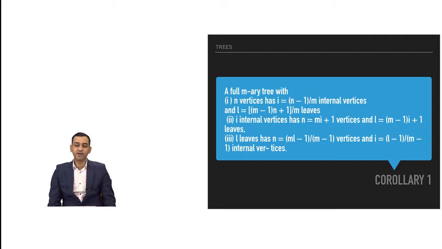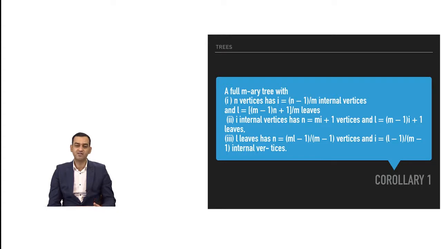Also, we have another theorem to discuss, and we call it Corollary 1. Corollary 1 tells us that a full m-ary tree with n vertices, where m is the degree of the tree, has i internal vertices, equal to (n minus 1) divided by m.